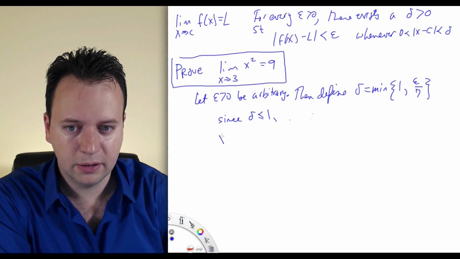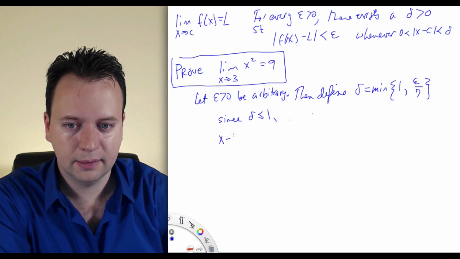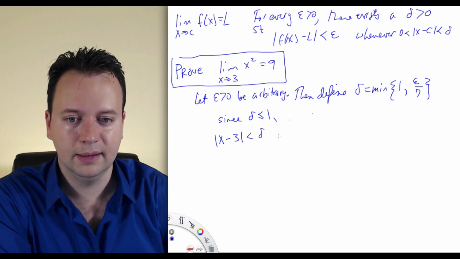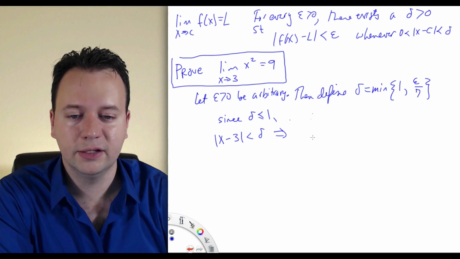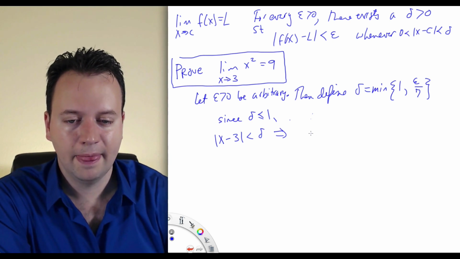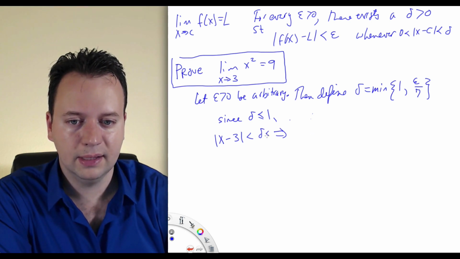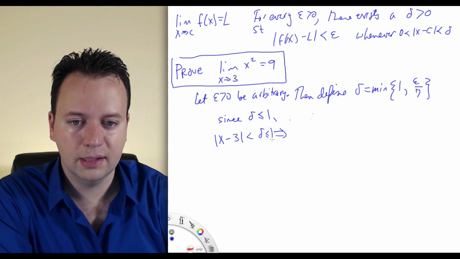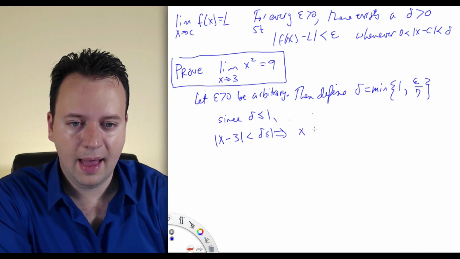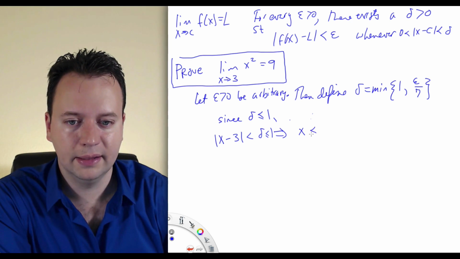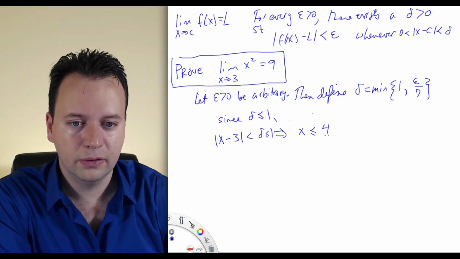So we want to consider x minus 3 less than delta, which implies a few things. It implies that delta is less than or equal to 1. So this implies that x has to be less than or equal to, probably less than 4, right?